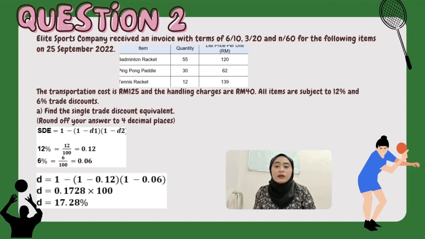Put it in: 1 minus (1 minus 0.12)(1 minus 0.06), and it will be 0.1728 times 100, and the answer is 17.28%.